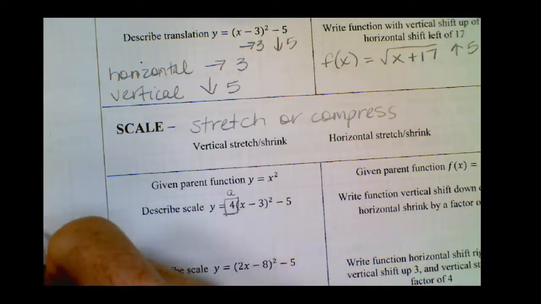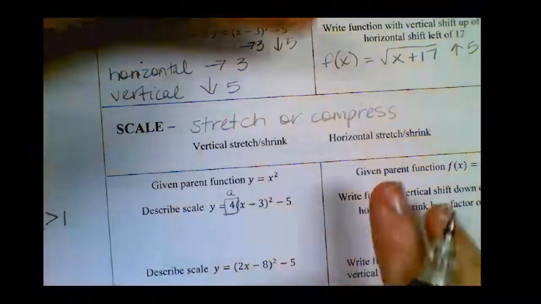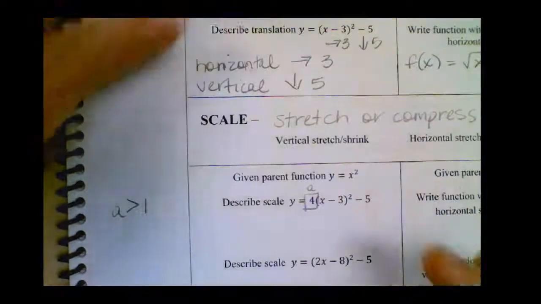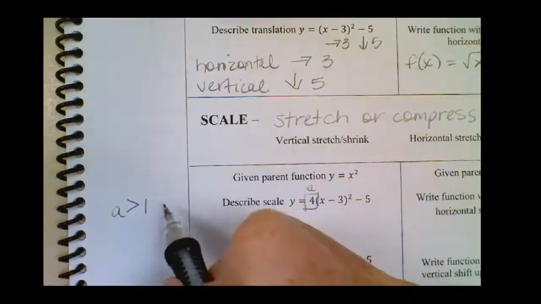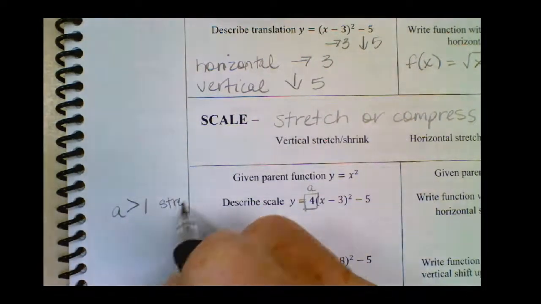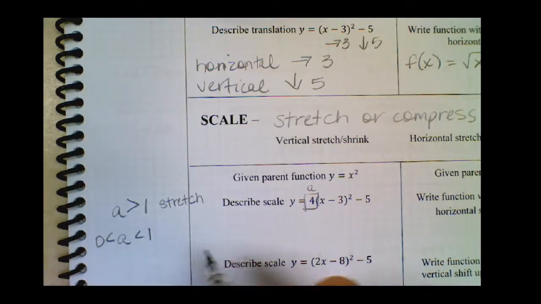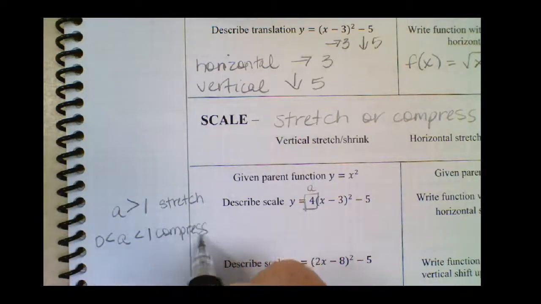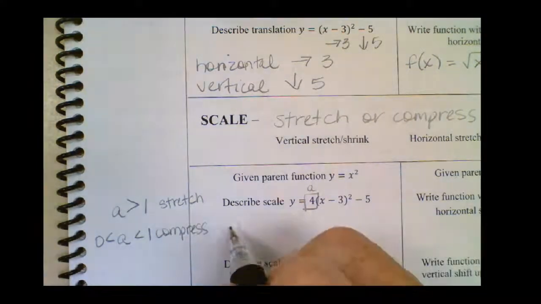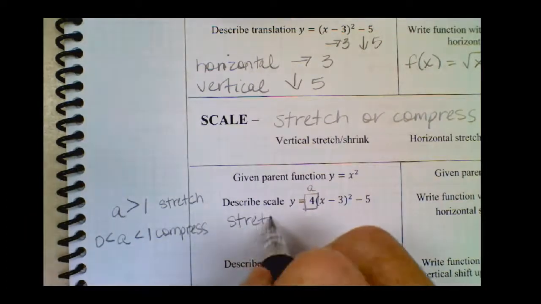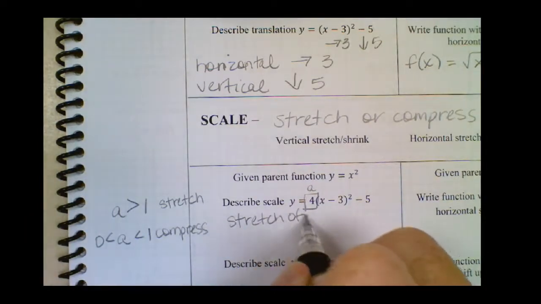So if the a value is greater than 1, because the standard would be 1 when we don't have anything in front of it, this is stretching. And when the a value is between 0 and 1, that's compressing. So when it's a fraction. Okay? So this one is going to stretch by a scale of 4.